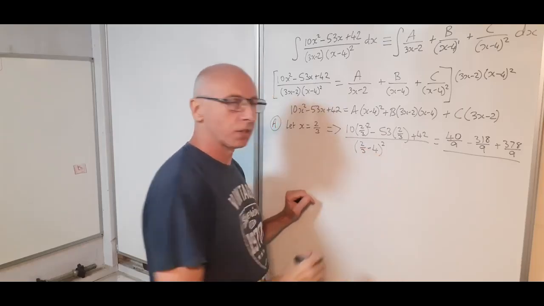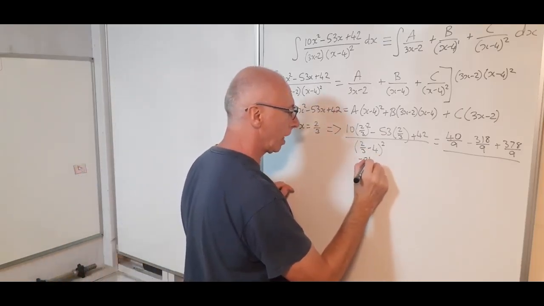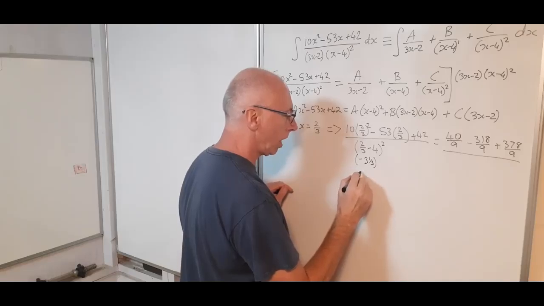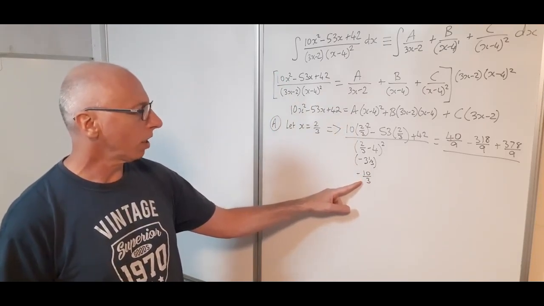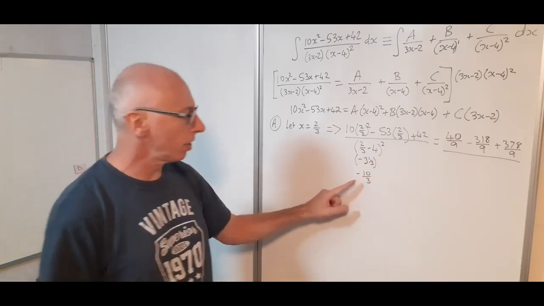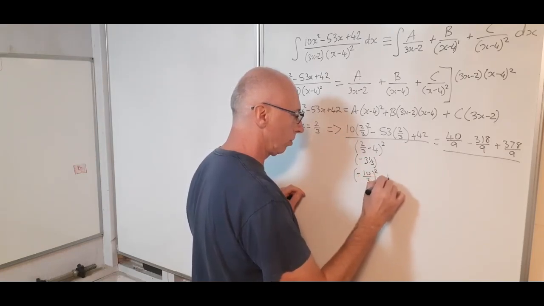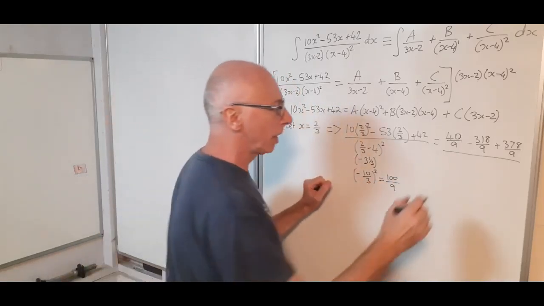So 2/3 minus 4, that's going to give me minus 3 1/3, which is equivalent to minus 10 over 3. So if I square that, I'll have 100 over 9. So let's put that in my denominator.